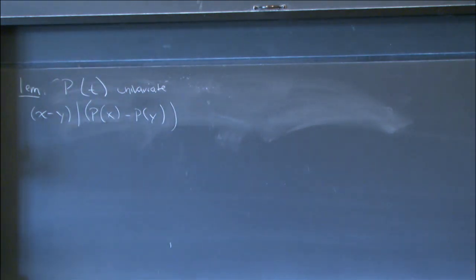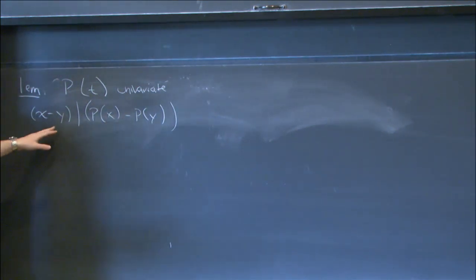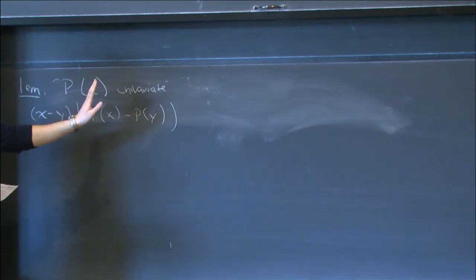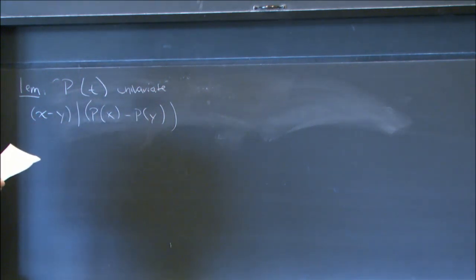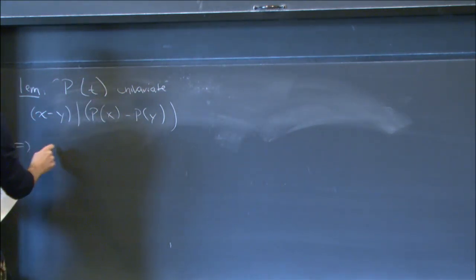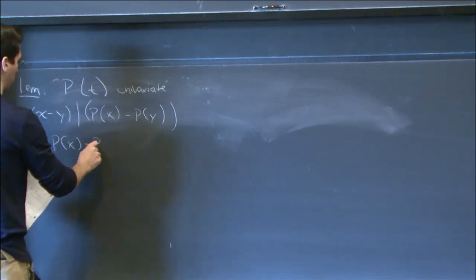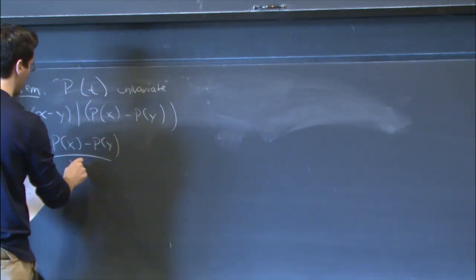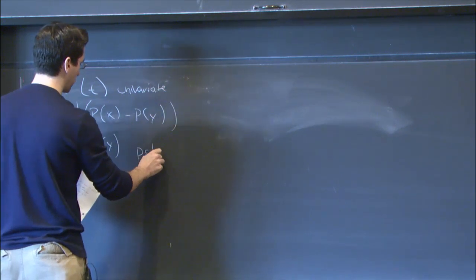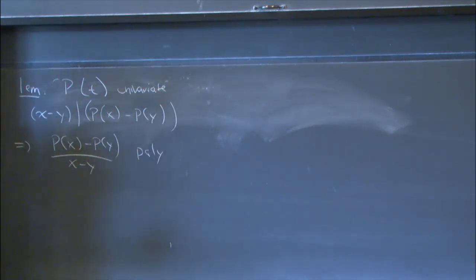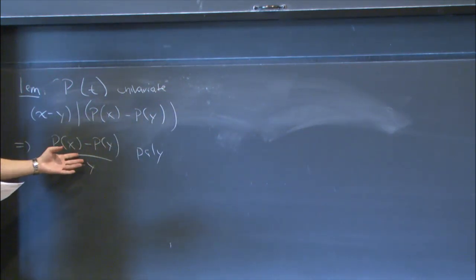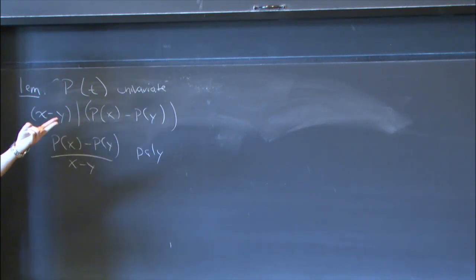It's not a very difficult lemma. It's basically saying that you can divide and you get a polynomial. OK. So what does this imply? It implies that p of x minus p of y divided by x minus y is, first of all, a polynomial. That's pretty simple. But second, this is a bivariate polynomial. There are only two variables, x and y.